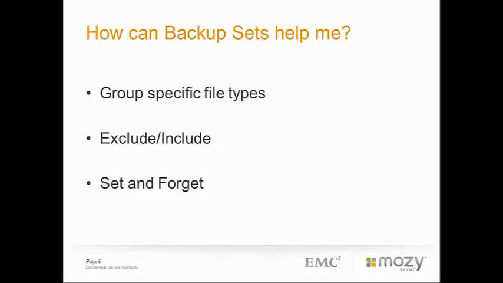I select my source location as my entire drive. I select file type .doc to be put into my backup set. If I select that backup set for backups, then any .doc file that's created on my machine going forward will be picked up to be backed up. So I no longer have to worry about each individual file.